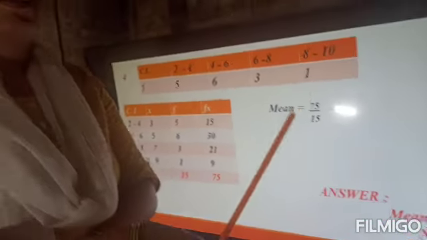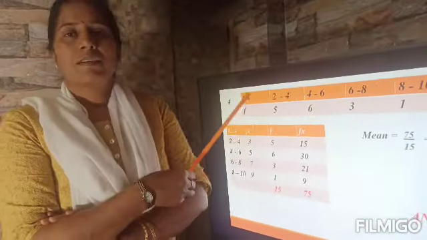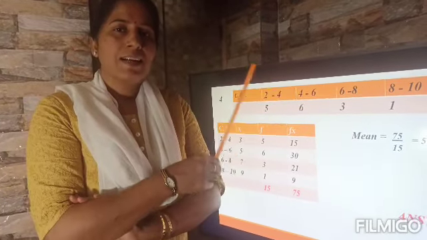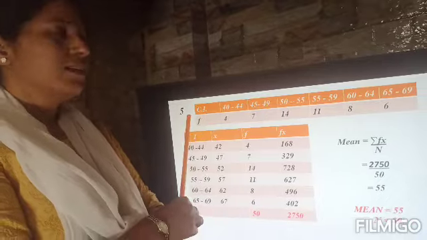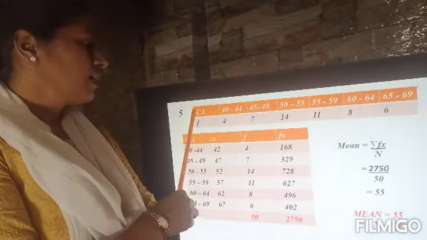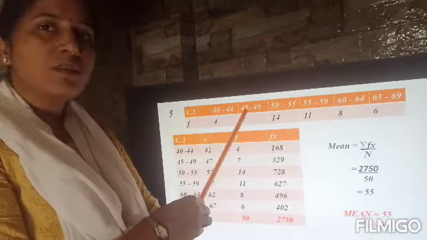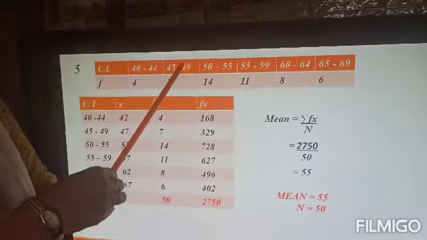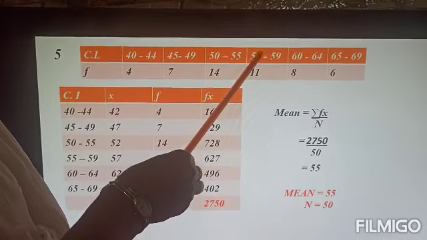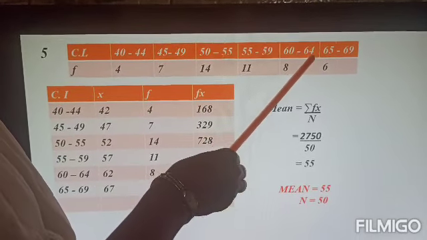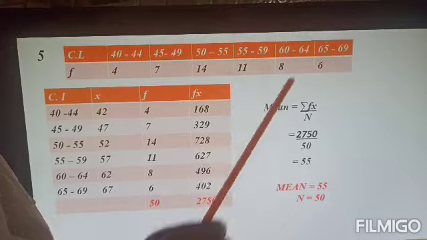Okay. Next we will do fifth sum, that is a large sum for mean. In the fifth sum, class intervals are 40 to 44, 45 to 49, 50 to 54, 55 to 59, 60 to 64, 65 to 69.